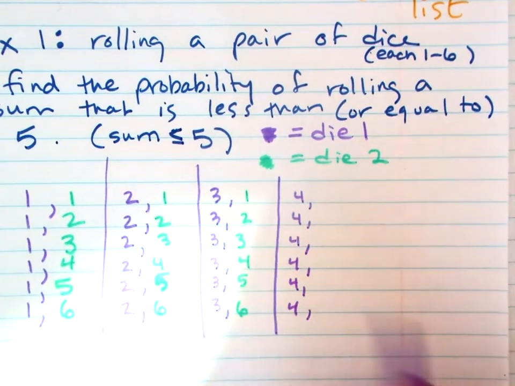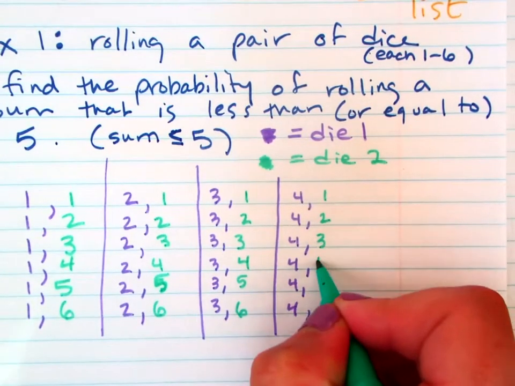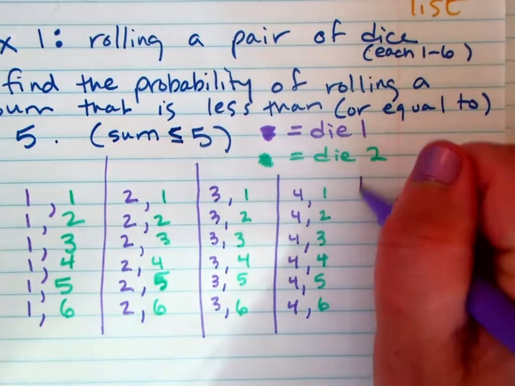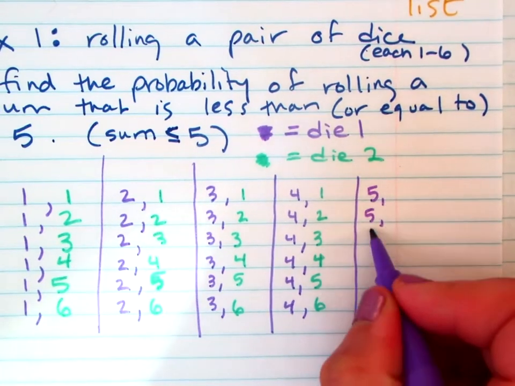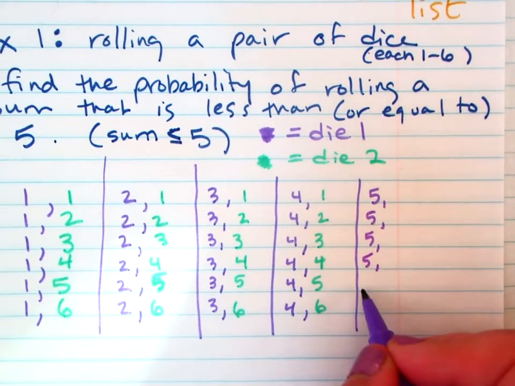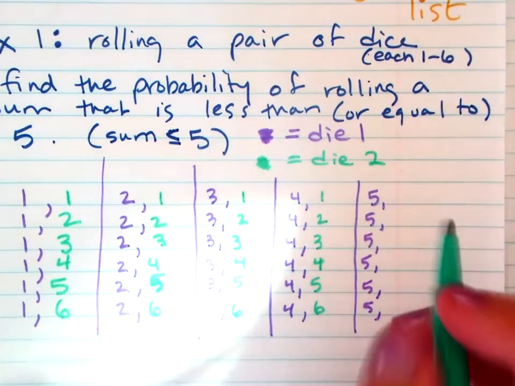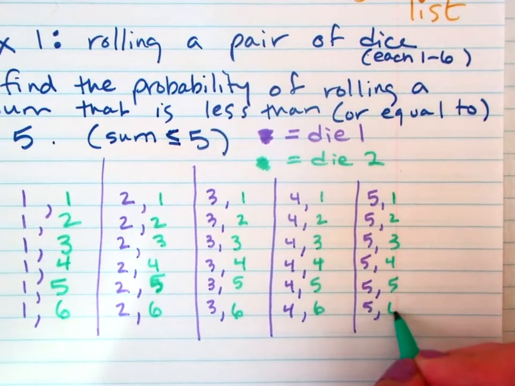Okay, and so because these are different dice, I could roll 1, 2, 3, 4, 5, or 6 there. And I also have the option of a 5, and then 1, 2, 3, 4, 5, or 6.